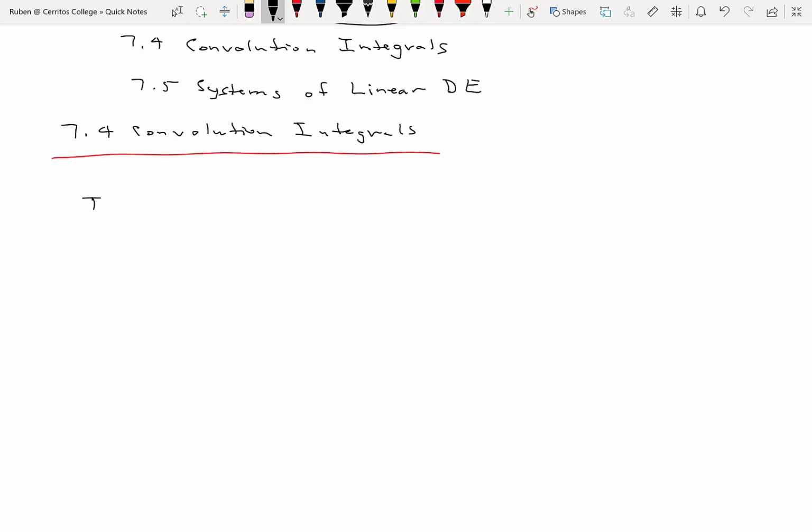True or false, the inverse Laplace transform of, let's say, F of s plus another, capital G of s, equals the inverse Laplace transform of F of s plus the inverse Laplace transform of G of s.